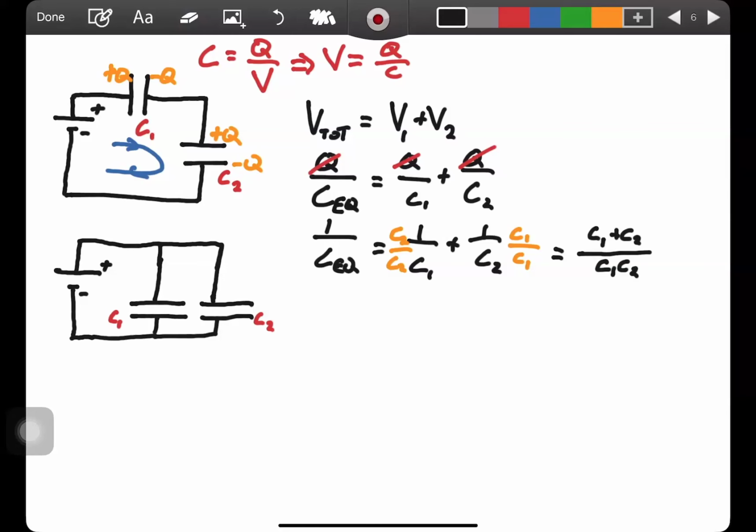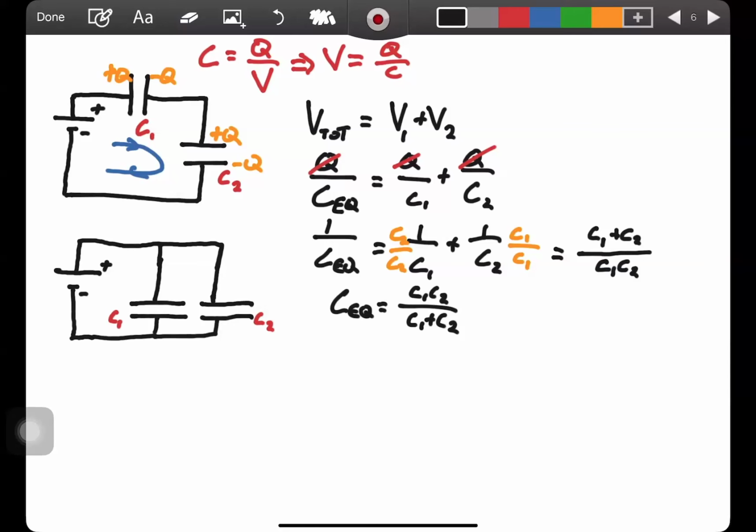And so if I want to figure out what the equivalent capacitance is, then I just take the reciprocal of both sides, which is to say that the equivalent capacitance is equal to C1 C2 over C1 plus C2. This has got the same mathematical structure as resistors in parallel. So resistors in parallel has a similar structure to capacitors in series.